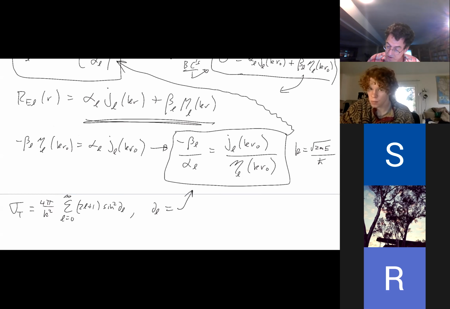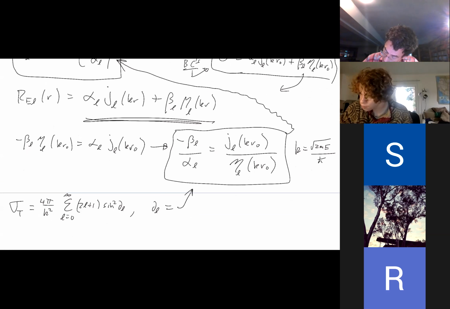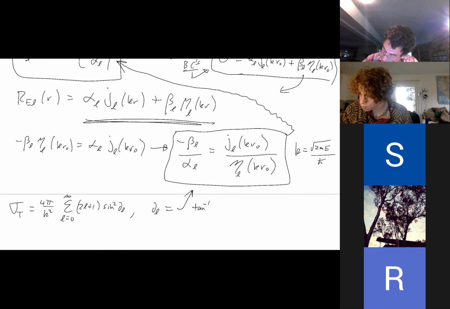So we have the formula for delta L. It's equal to tan inverse of minus beta sub L over alpha sub L, which is that.